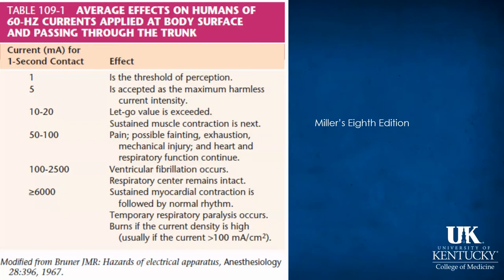Same kind of information presented in a different table from Miller's textbook, showing you that 1 milliamp for 1 second is a threshold of perception. Sometimes I have felt a tingle, electrical tingle in the operating room over the years, not so much lately, but it's a bit of a worrisome situation in an operating room when you feel electrical leakage.